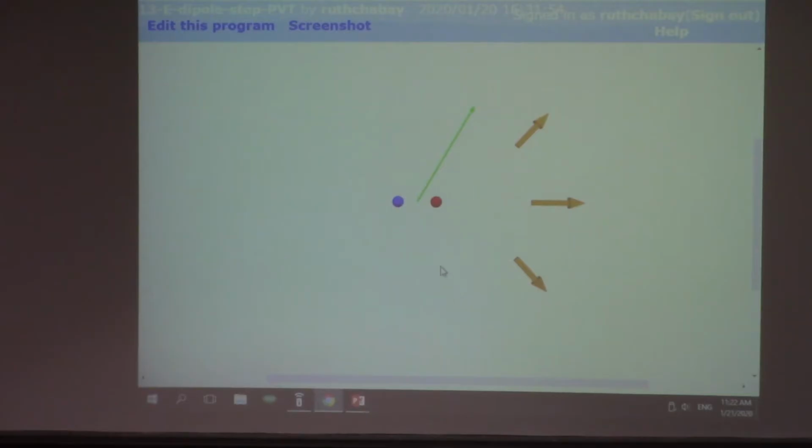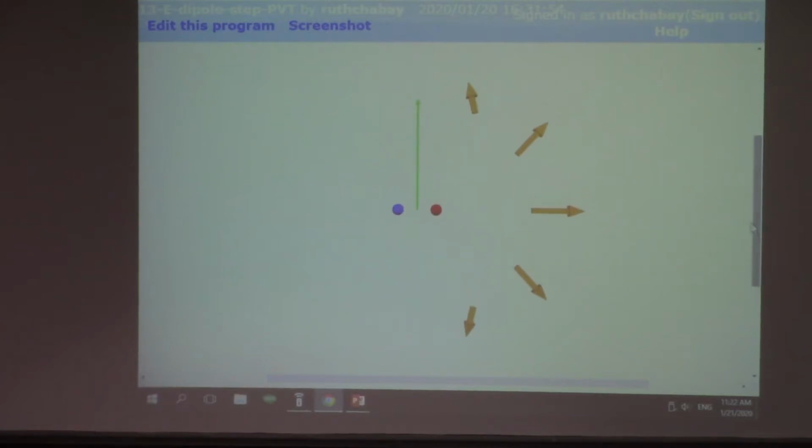Okay, here's an interesting location. So again, try to visualize the positive charge, the electric field of the negative charge, the net field. Down here, it's just going to be the mirror image.